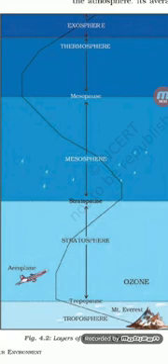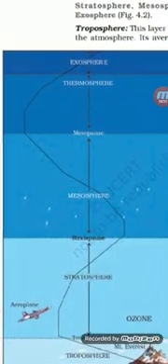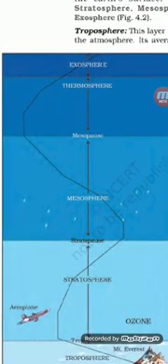Now the third layer of the atmosphere is the mesosphere. This mesosphere extends from 50 to 80 kilometers of height.